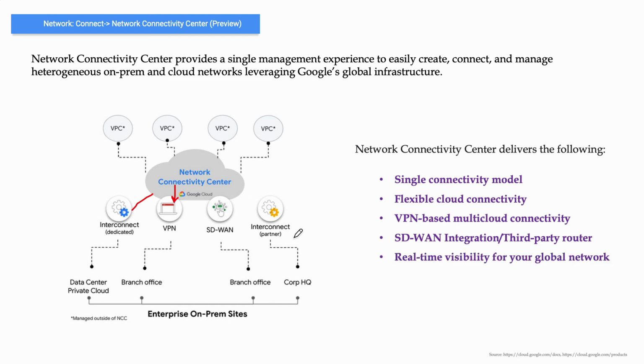And then real-time visibility for the global network, because it will provide you a single pane of glass for connecting to, again, VPNs, partner and dedicated interconnects, and on-prem network. It also pairs seamlessly with Network Intelligence Center for end-to-end visibility.